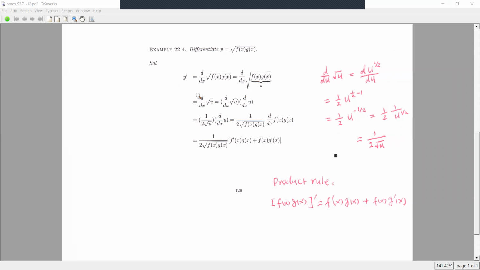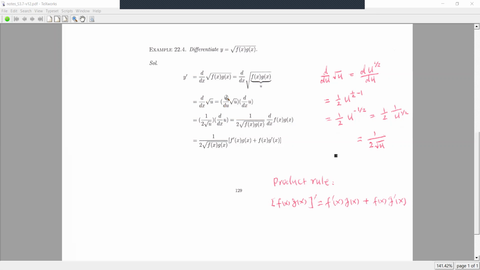Because in this derivative, u and x are different, I cannot compute this derivative directly. To overcome the difficulty, I insert a du in the denominator and a du in the numerator. Then this derivative is equal to this derivative times this derivative.